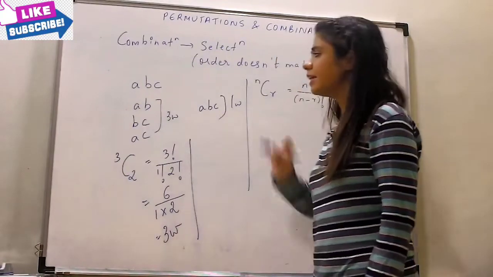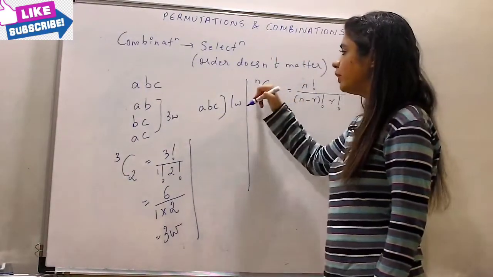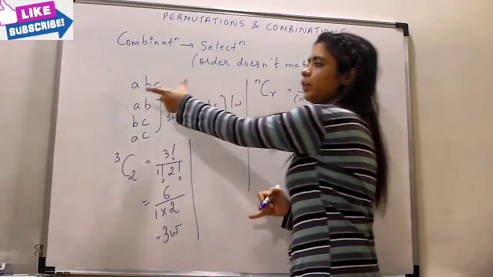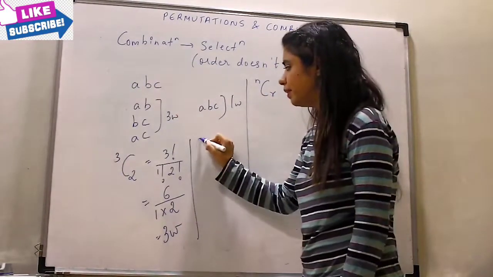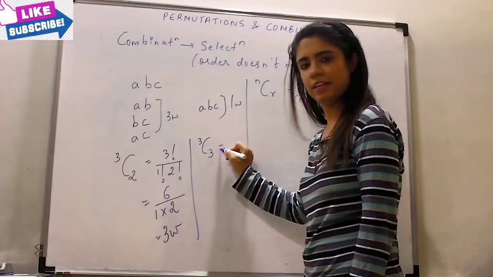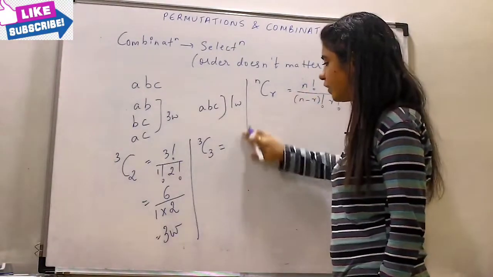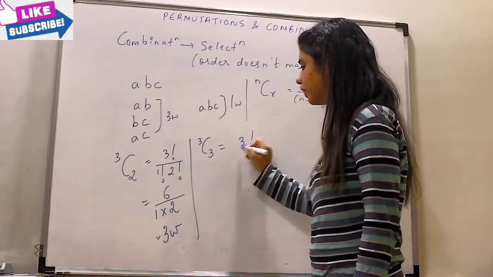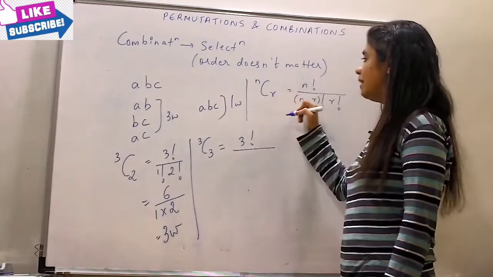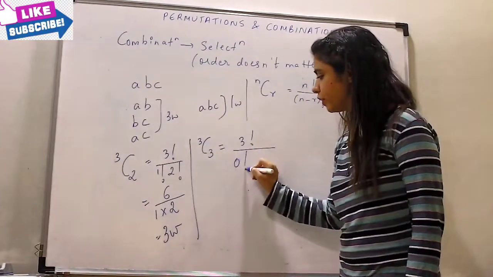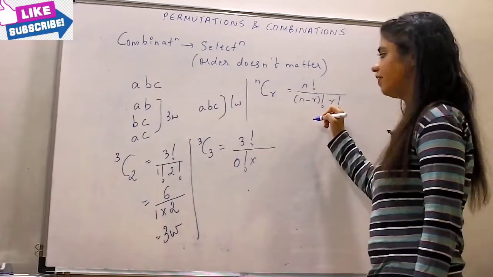Now in the second case, what happened? The total number of subjects I had was 3. How many did I select? I had to select all 3. So it will become 3C3. Okay? Again the formula is what? N factorial upon N minus R factorial. 3 minus 3, 0 factorial into R factorial.